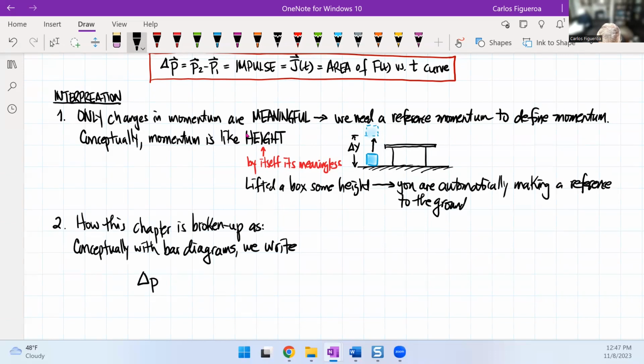We say that we have a change in momentum. And that change in momentum equals P2 minus P1, which is then equal to the impulse. And the only meaningful impulse is an external impulse, just like an external force.